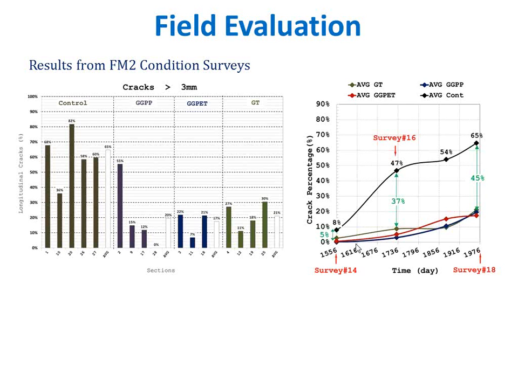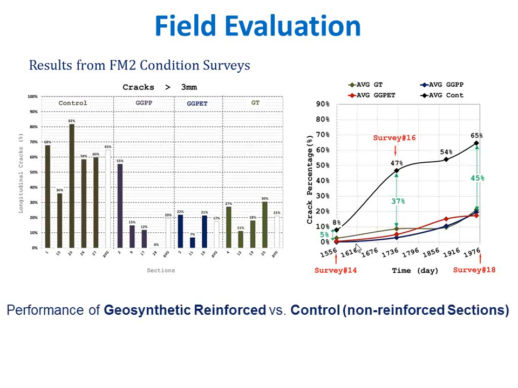And these are the reinforced sections. Multiple sections, the white ones are the average. It's very clear that all three reinforced sections clearly outperformed the control section.